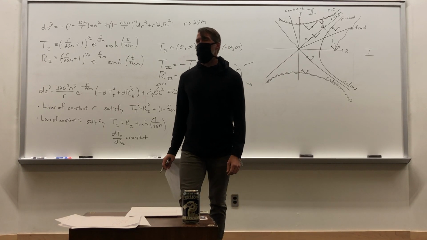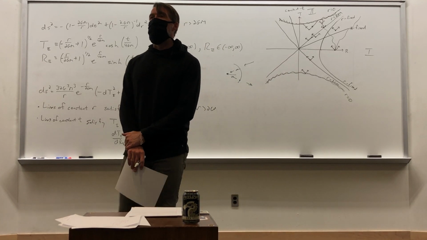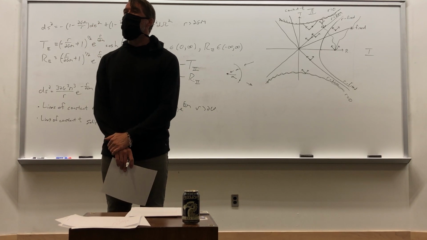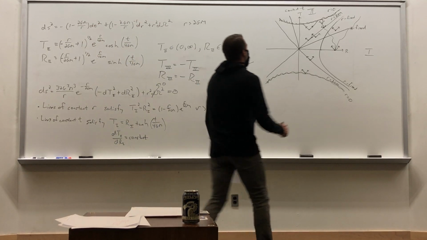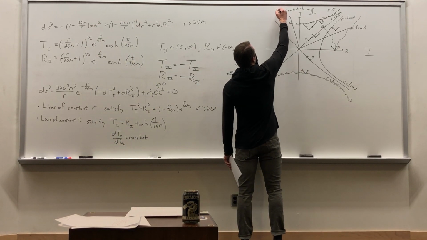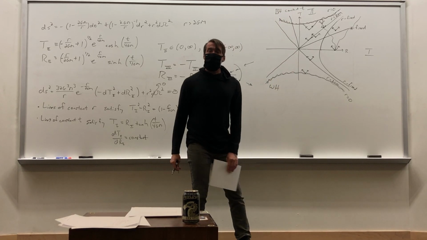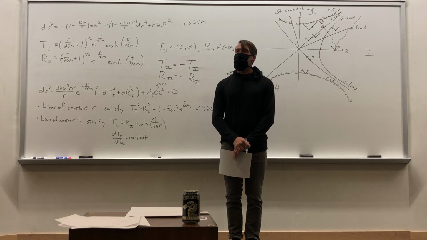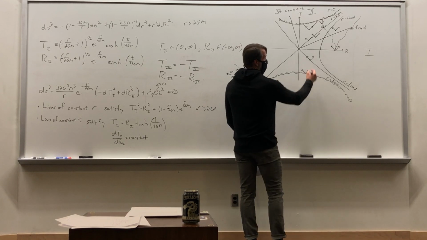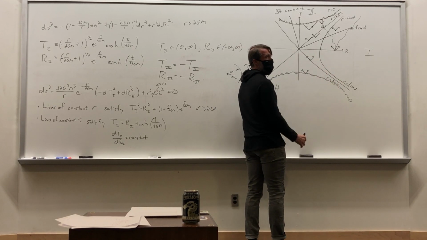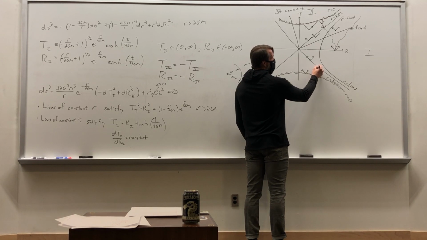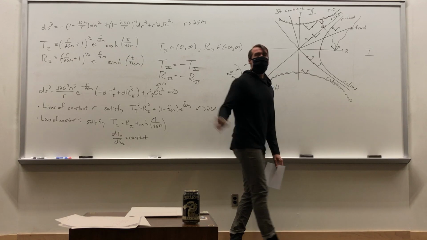What might we call that? White hole. A white hole. Where this is a black hole, this is a white hole. And get this, a white hole has an event horizon. Right here, at r equals 2GM. But what's interesting about the event horizon is once you leave it, you can't go back.